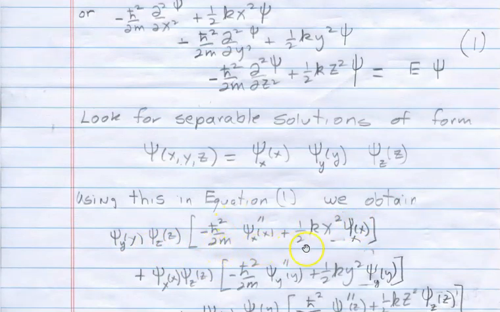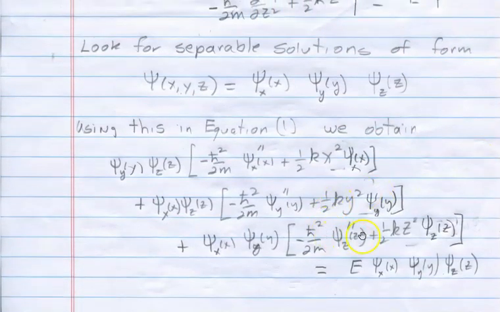But now everything in the brackets is only a function of x. I do a similar thing for this piece. Now I can pull out psi x and psi z, and I'm left with something that depends only on y variables. And then similarly, for this last one, I can pull out the psi x, psi y, and I'm left with a term in brackets that only depends on z.